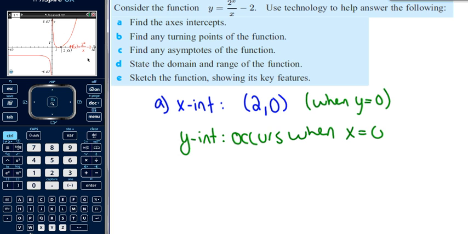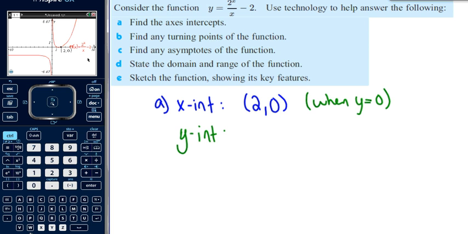If we plug 0 in for x, we're going to be dividing by 0, and that's not possible. So when x equals 0, we actually have a vertical asymptote. This function will never, ever equal 0 because of that. So there's no y-intercept because there's a vertical asymptote when x equals 0.